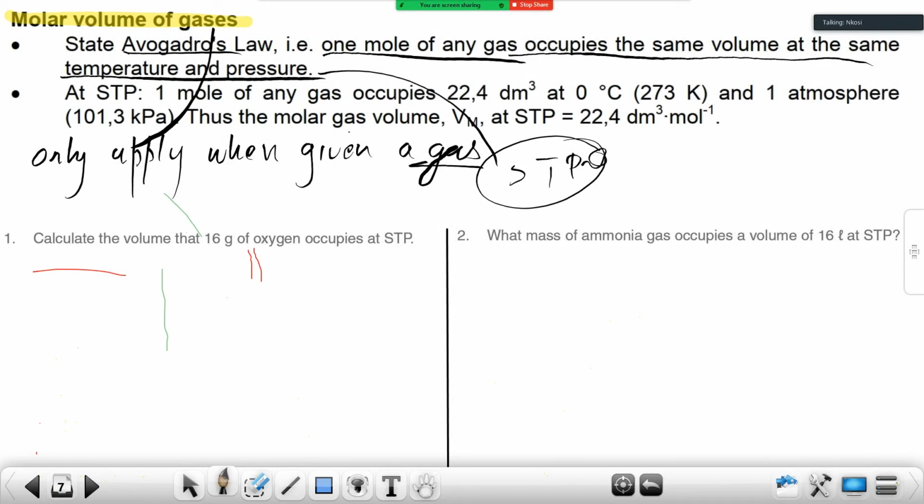If it is not at STP, I cannot apply what I am going to write in the next few seconds. So the key word that I am looking for to apply the molar volume of a gas is that it must be at STP. So it says here 1 mole, let me clean it up.